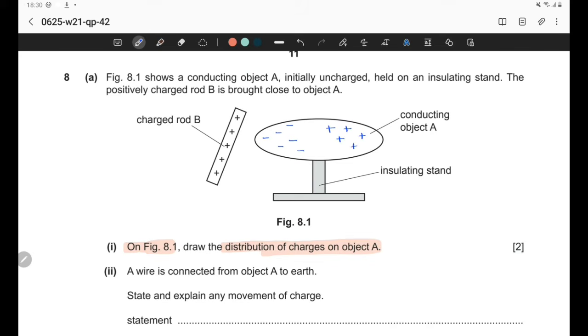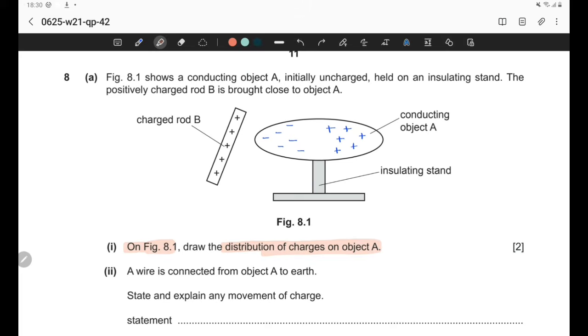So here also at the other side there should be 6 positive charges. You have to make sure how many negative charges you are drawing, the same equal number of positive charges you have to draw at the other side, because positive charges will get repelled by the positively charged rod and negative charges will get attracted.